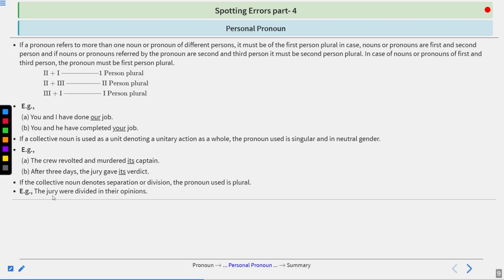So collectively, we are not taking a collective noun, but separate members of a particular group. Each member, it means judges, each judge. So that's why we have used "their" here, and there we have used "its."